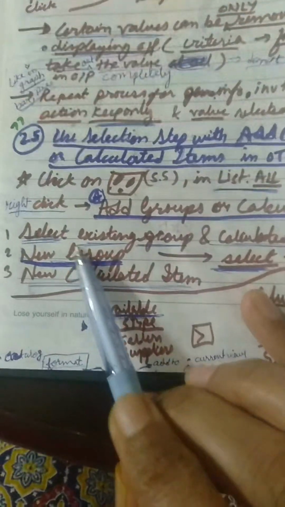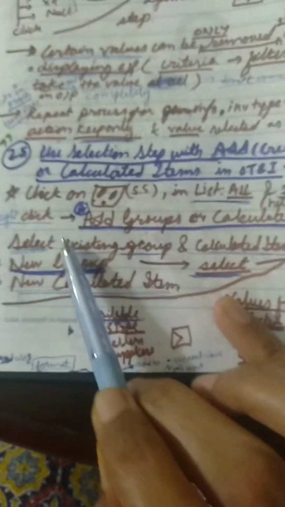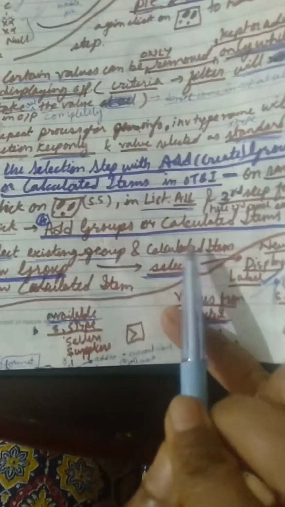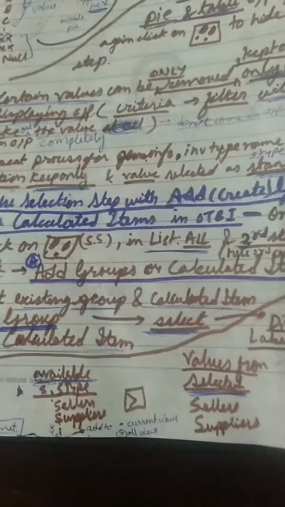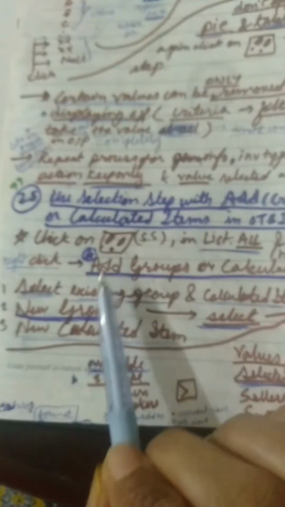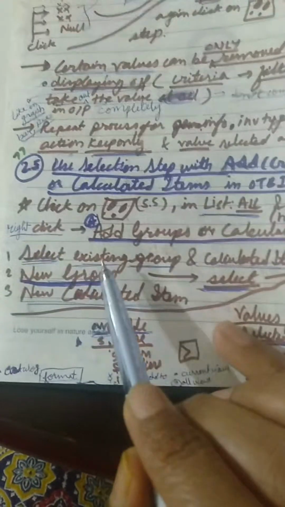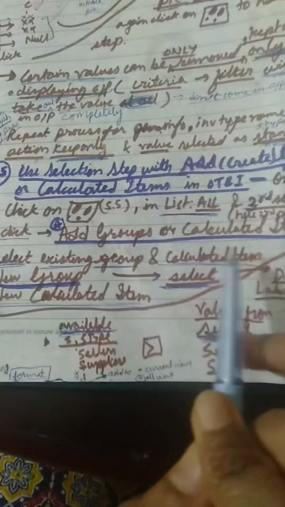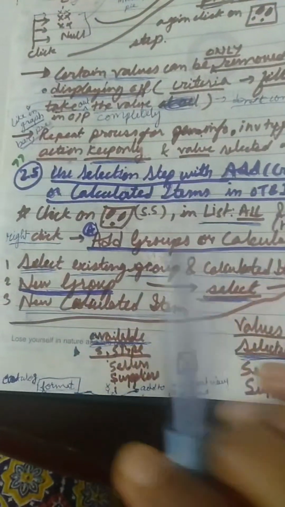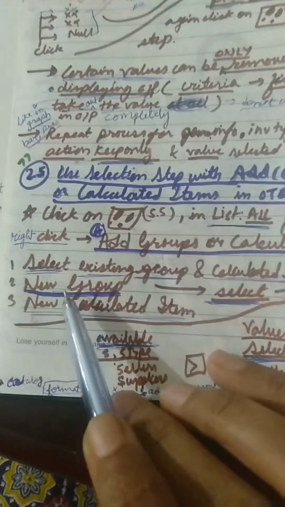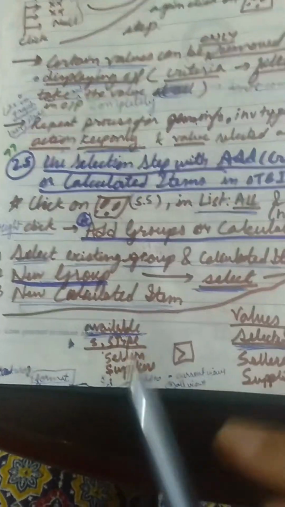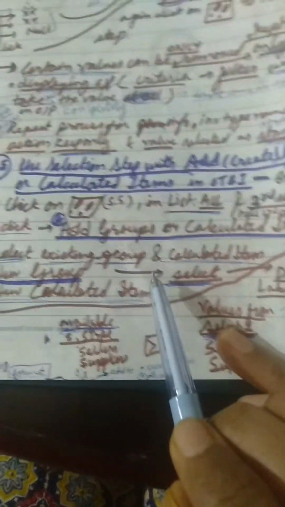Either we can create a new calculated item, we can create a new group, or select existing group and calculated item. Let's say if I already have a calculated group or item, I want to make changes on that, we can select this one, select existing group or calculated item. Otherwise, if I want to create a new one, then new group or new calculated item.